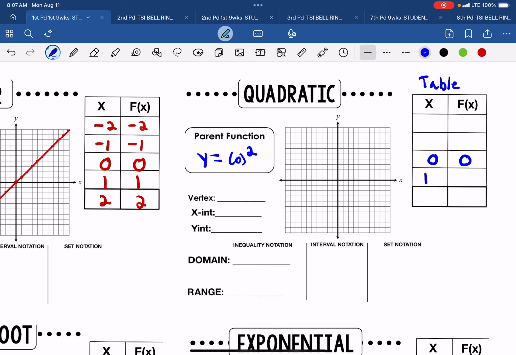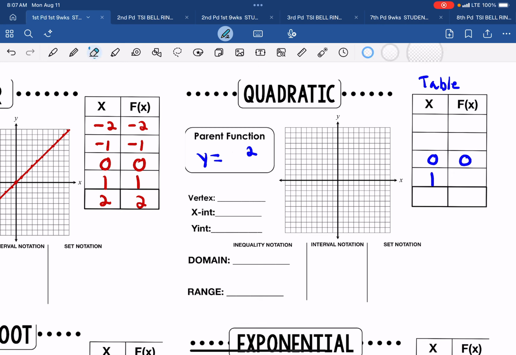Now, I could choose 1. I could choose 100. I could choose 11,100. Your options. But the best thing to do is to keep it simple, right? We're not going to be having calculators in Algebra 2. So it's best to use small numbers, stuff that we're comfortable with. So let's go ahead and x is 1.